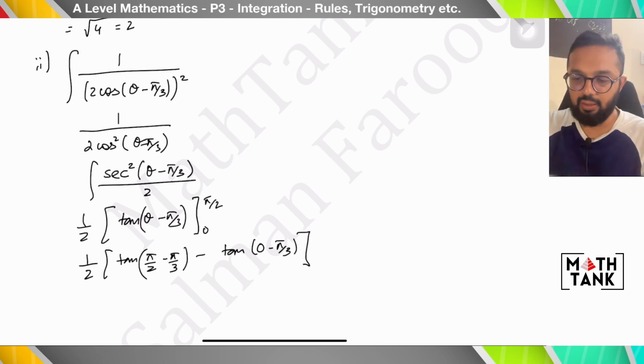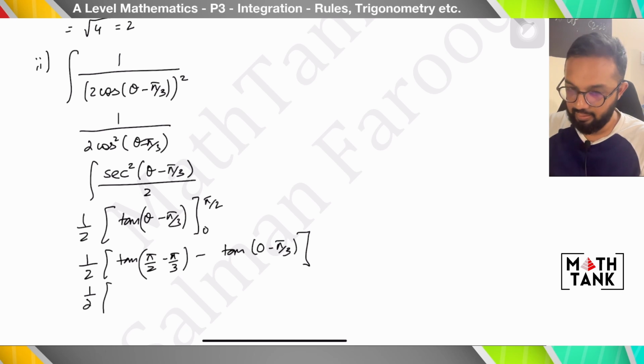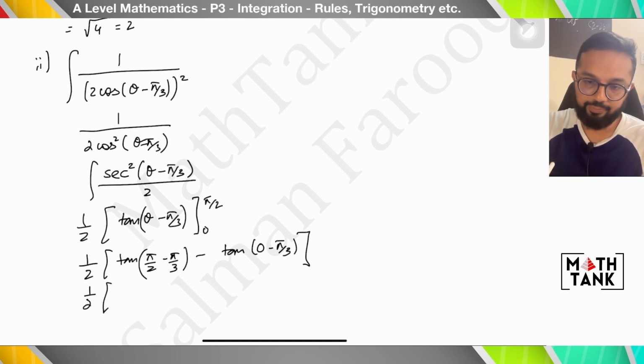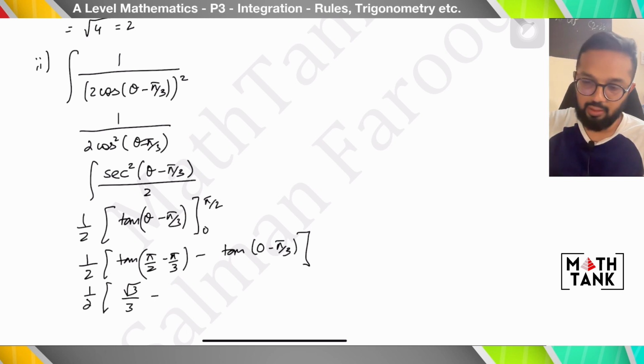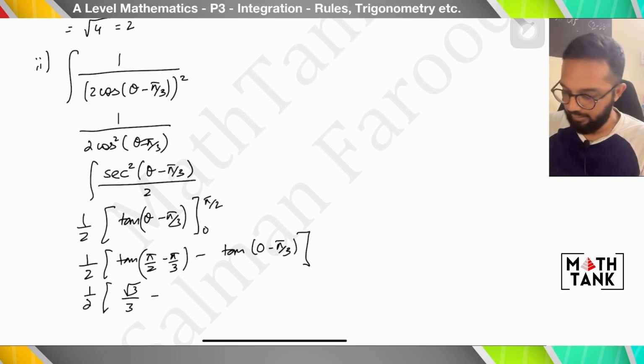Calculating these quickly, pi over 6, tan of answer is root 3 over 3, and tan of minus pi over 3 is minus root 3.